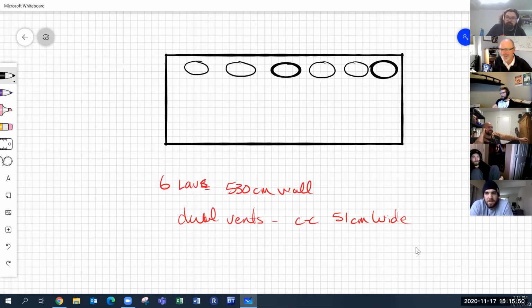All right, so each lab is 51 centimeters. The entire wall space is 530 centimeters. So our dual vents, we're going to have a vent right here. We're going to have a vent right here. And we're going to have a vent right here.